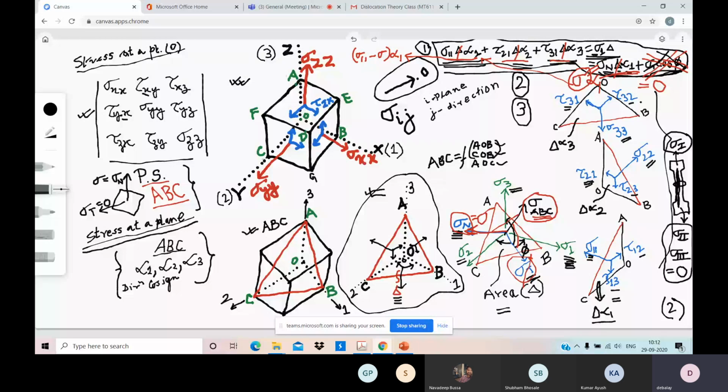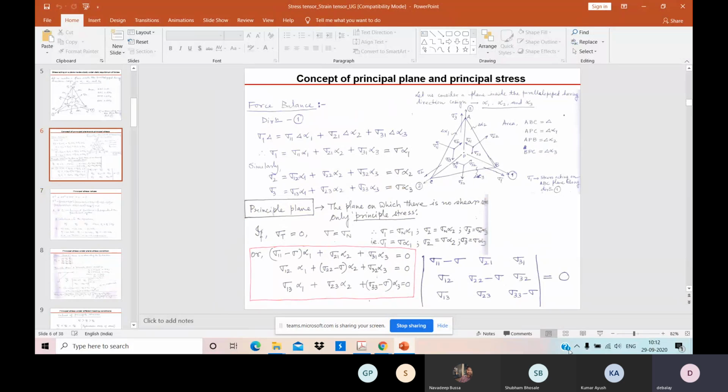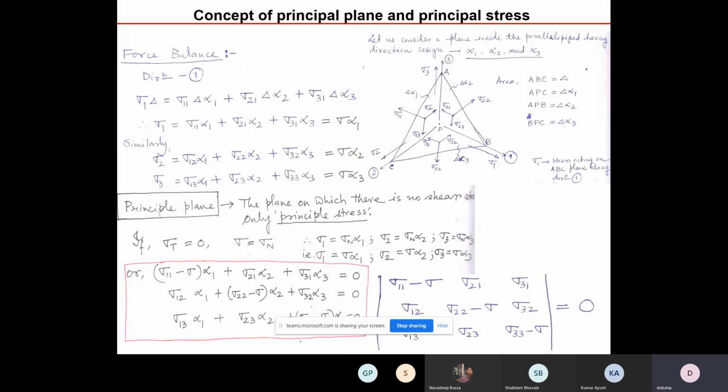So sigma n we are replacing by the term sigma, and we have obtained an expression, and for 3 major directions, 1, 2, 3, 3 such expressions can be obtained, which are written here.